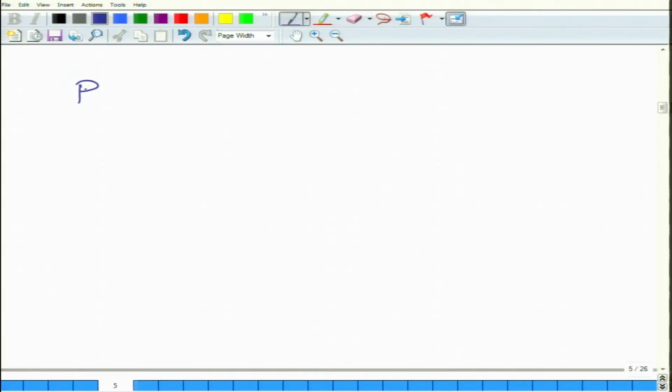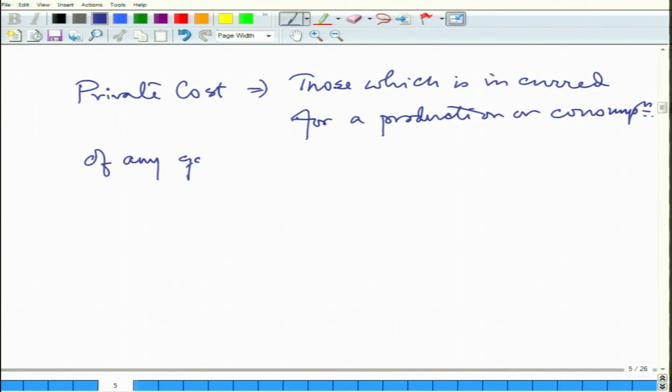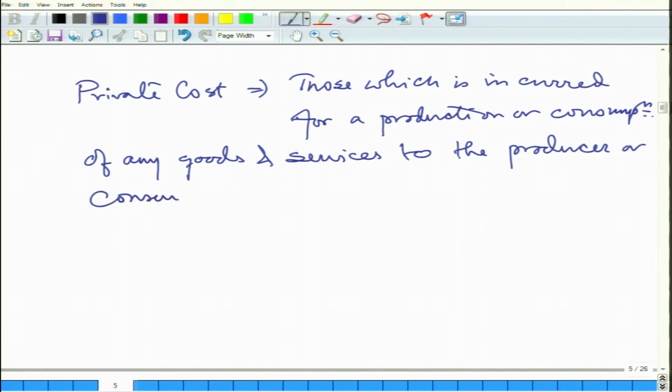So, private costs are those which are incurred for the production or consumption of any goods and services by the producer or consumer themselves, respectively.